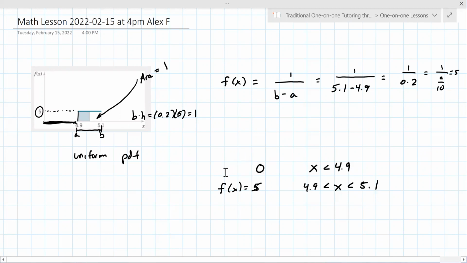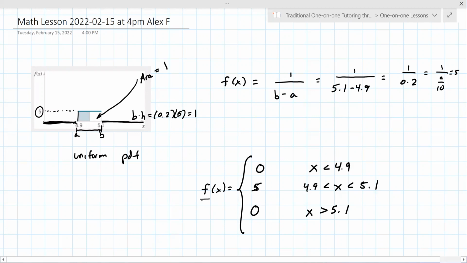So this is actually a piecewise function, so we'll modify what we've been doing here. f of x is also equal to 0 when x is greater than 5.1. That's over here. I thought it was 1.